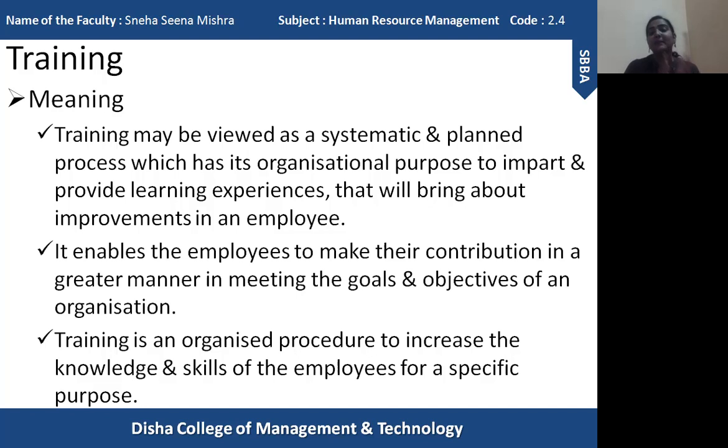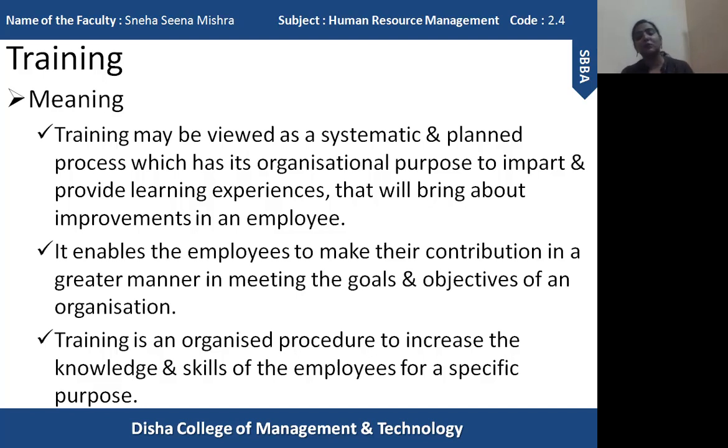So that is the basic objective of the training programs, to train the employees, to impart necessary skills and knowledge within the employees so that they can perform their job in an efficient manner, and then they all can contribute towards the achievement of goals and objectives of the organization. So we can say that is the basic purpose of training.